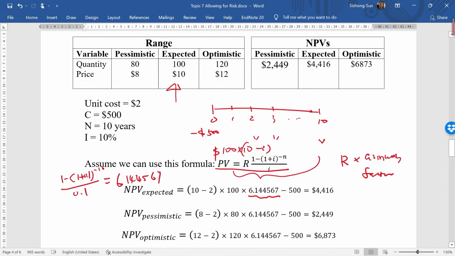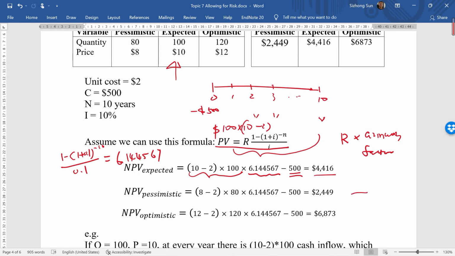For the expected situation, the per-year cash flow is this many times the annuity factor, minus the cost, which is already present value. So we end up with $4,416.